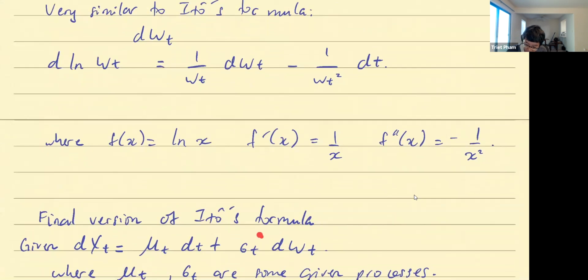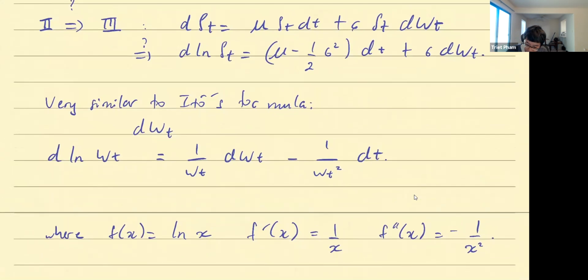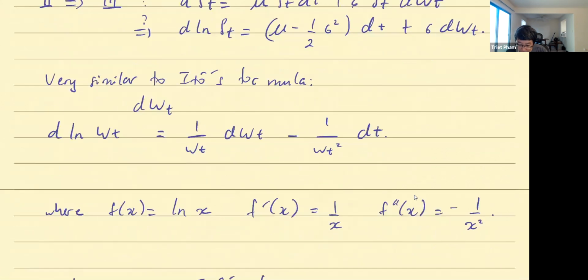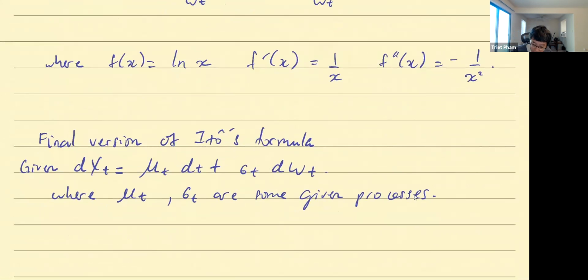The sigma t is this guy right here. And so something like this, xt, is called an Ito process. All right.